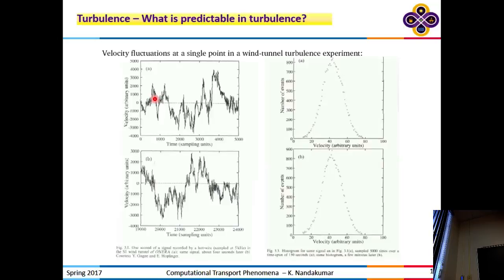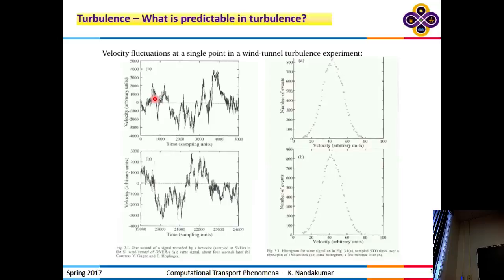If I, for example, say the velocity of 40 has occurred 500 times, the velocity of 50 has occurred 800 times, right? If I have a graph like that, I can then interpret it: what is the most likely velocity to observe? In a series like that, what is the most likely velocity that I would observe? 50, because that's where it occurs the most number of times.